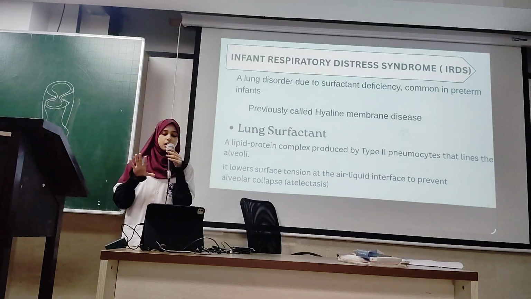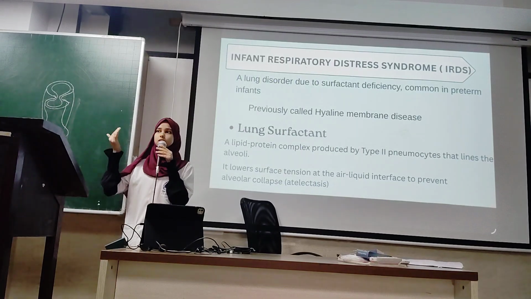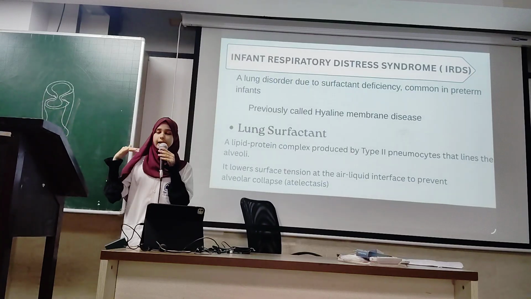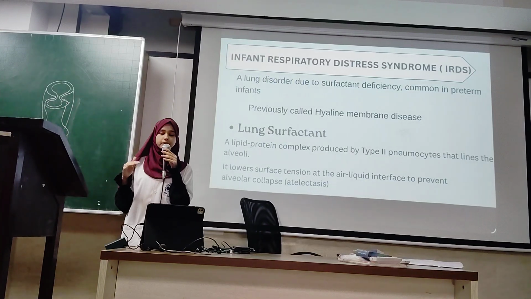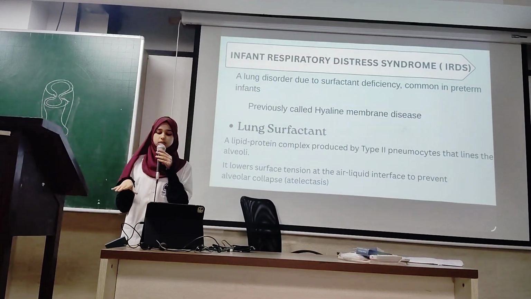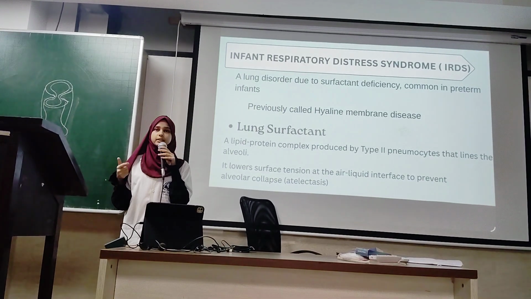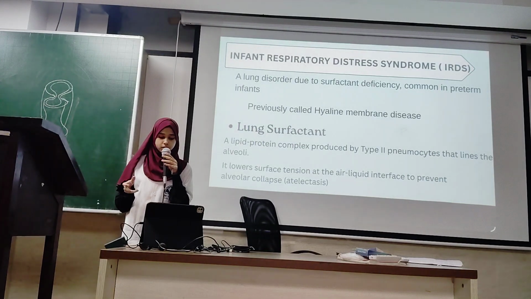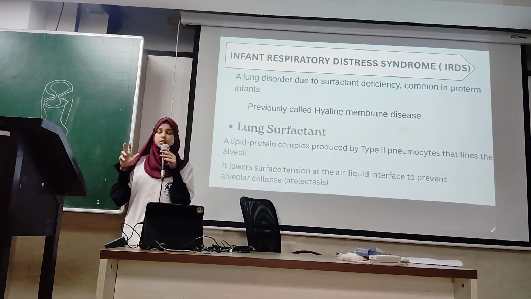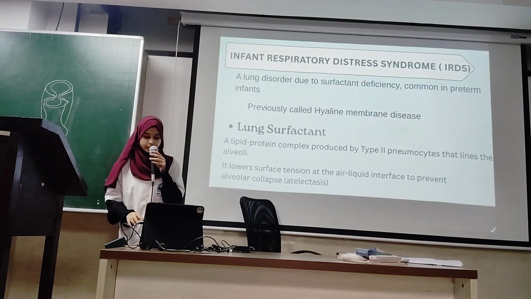Lung surfactant decreases the surface tension between the air and liquid, and prevents collapse of alveoli. So when a preterm baby is born, there is insufficient lung surfactant, so the alveoli are not able to open sufficiently, and the baby is not able to take the first breath.